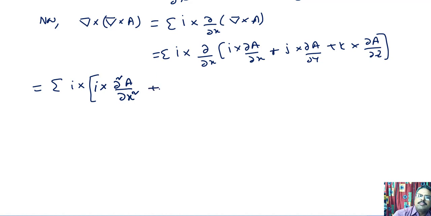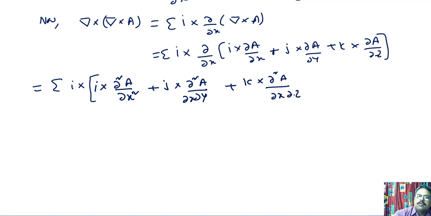In a similar way, for the second term, j cross dou square A by dou x dou y, plus k cross dou square A by dou x dou z.